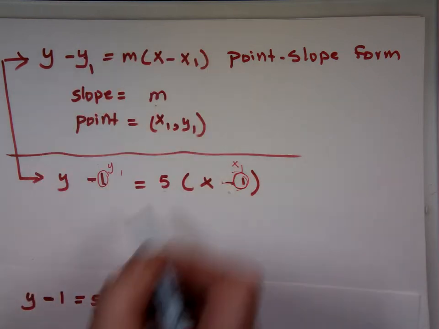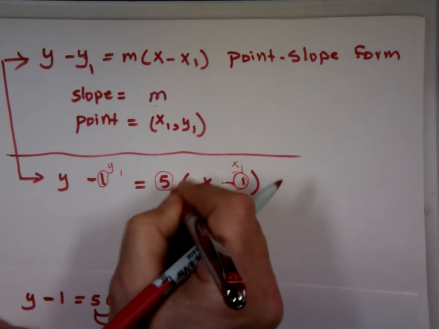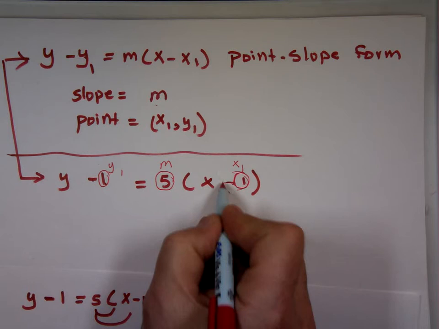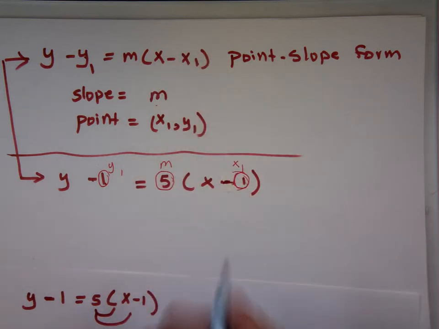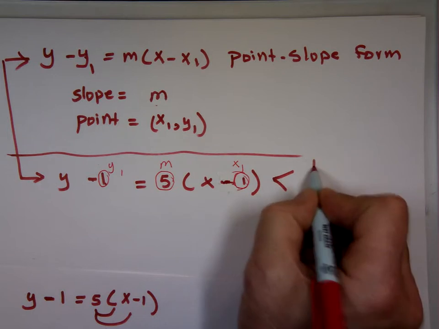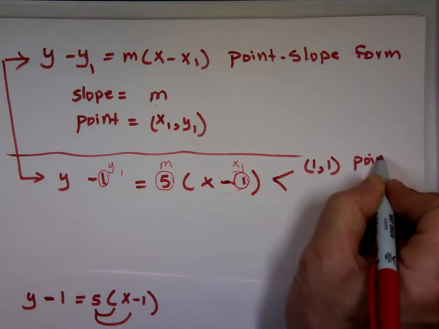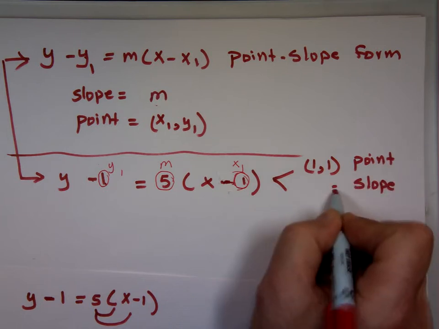This number must be what? m, the slope, parentheses, x is x, minus is minus, and this number is x sub 1. That means I know one point, which is 1 comma 1. That's the point. And I know the slope, which is 5, or 5 over 1.